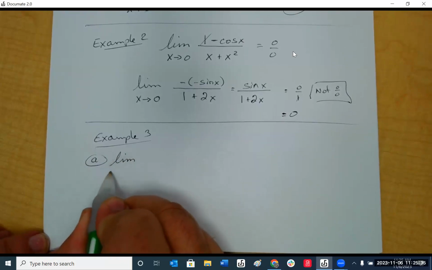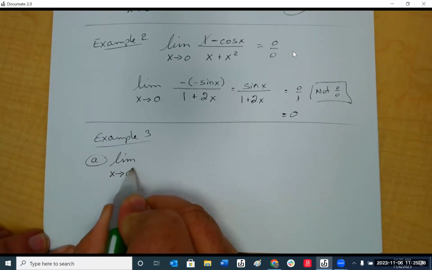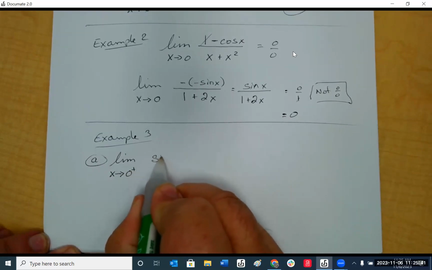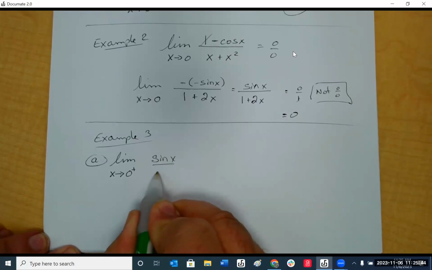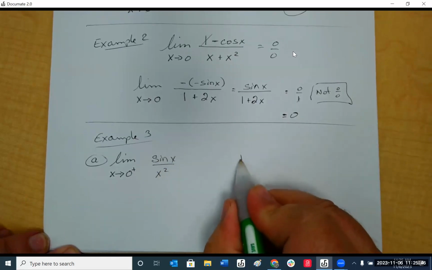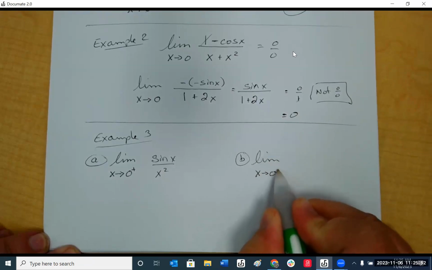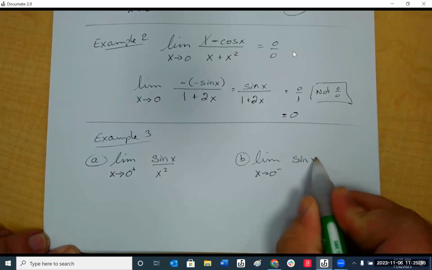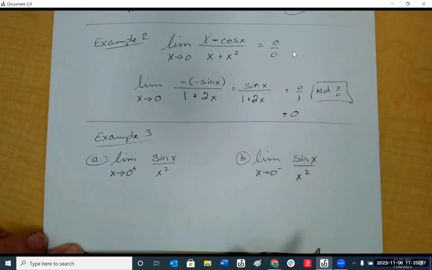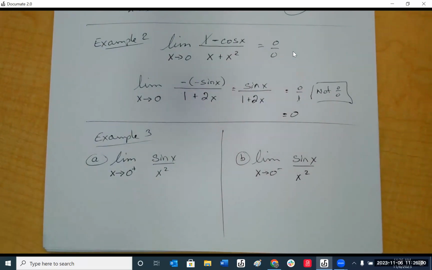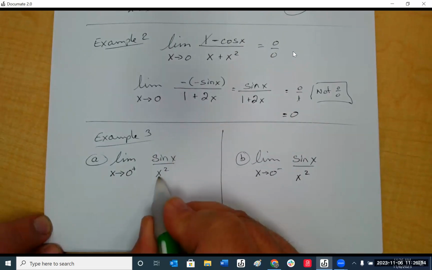The limit as x approaches 0 from the right of sine x over x squared. X approaches 0 from the left. Okay, this one is not as hard as it seems. We could use L'Hopital's rule, and I'll show you both ways. Right now it's 0 over 0.